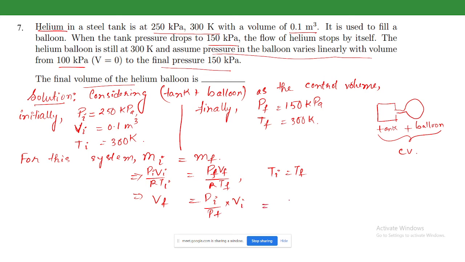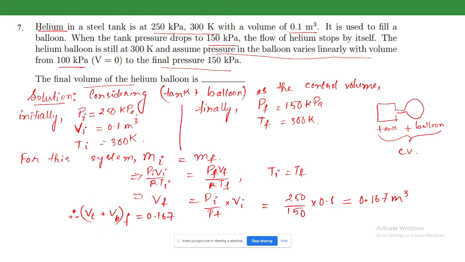So if we put in the values, this is 250 by 150 into 0.1. So this value comes out to be 0.167 meter cube. But this volume is the volume of the tank plus the balloon. Therefore, we can write it as volume of the tank plus volume of the balloon finally is equal to 0.167.